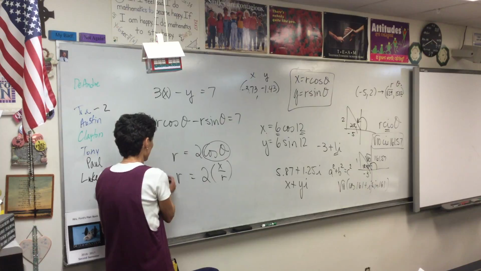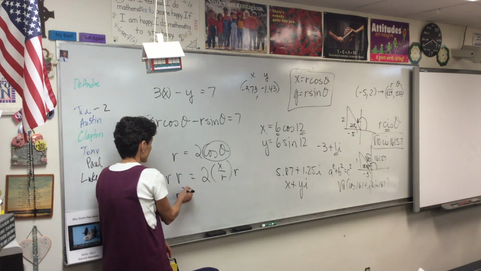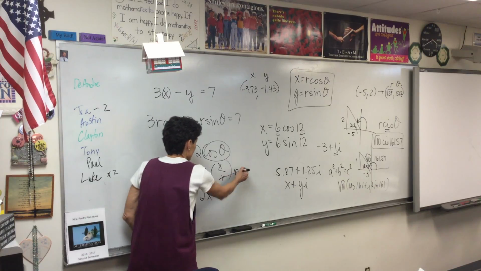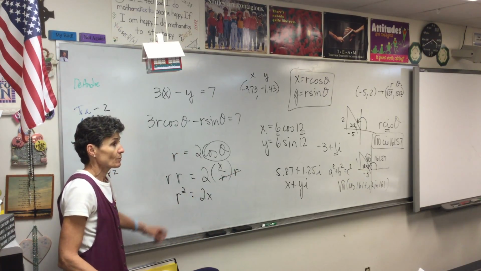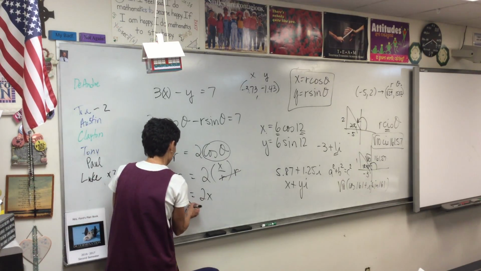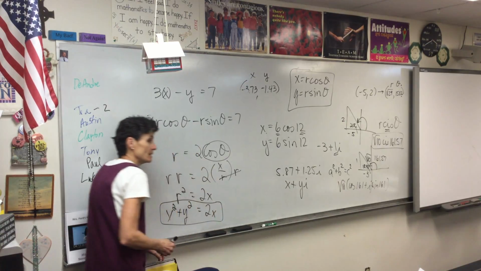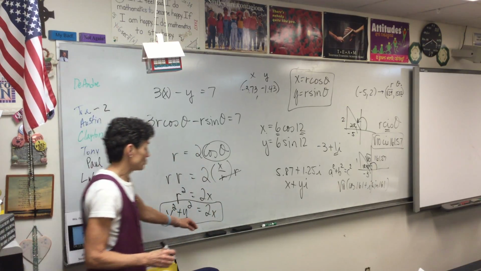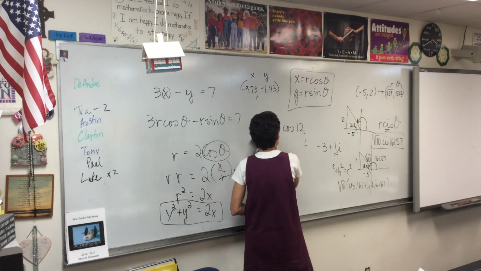So in this case, we'll multiply by R. So R squared equals 2X. And then who remembers what R squared is? X squared plus Y squared. Yep. Every one of these that you do is going to have those 3 steps involved.